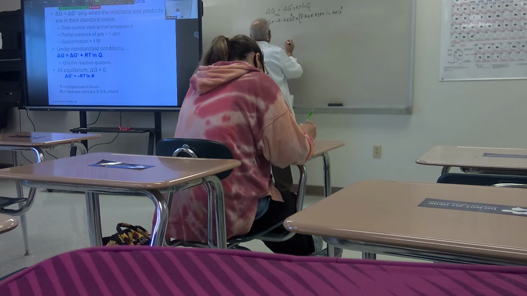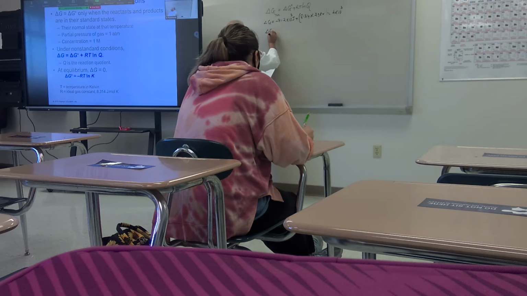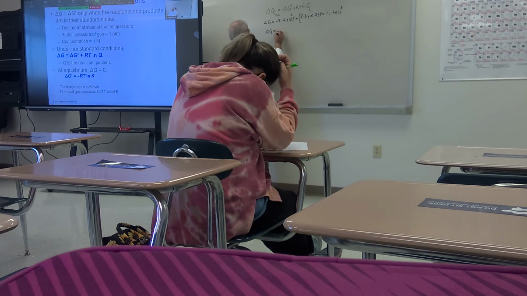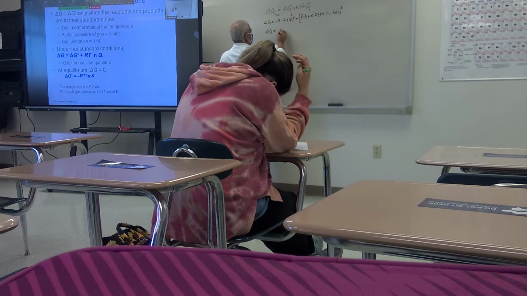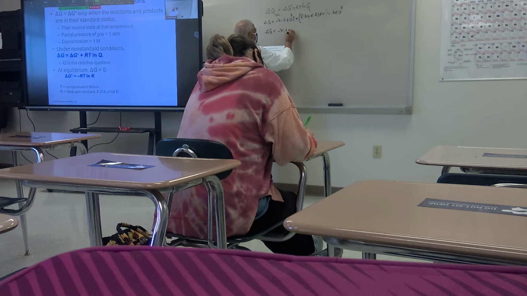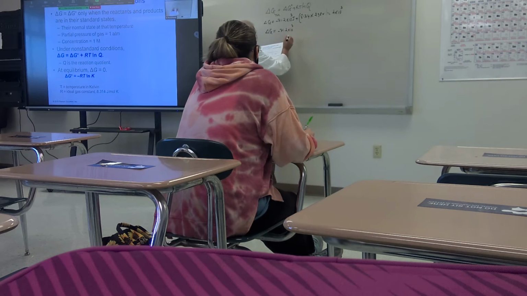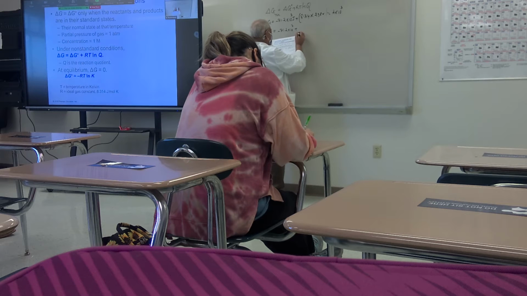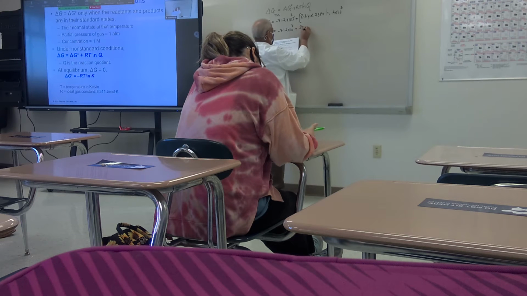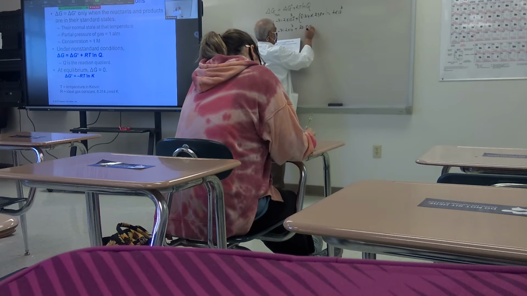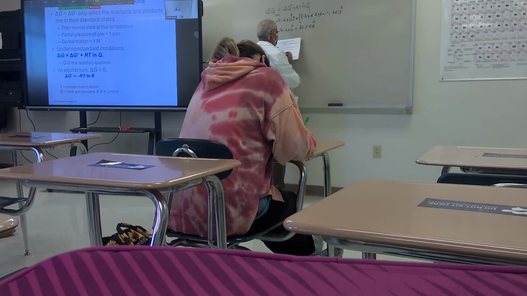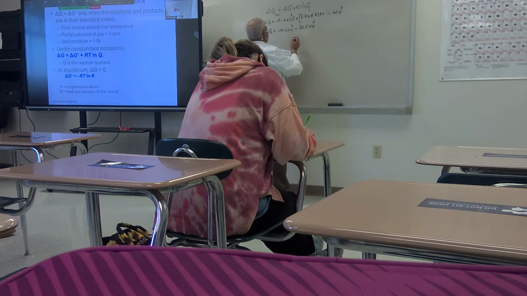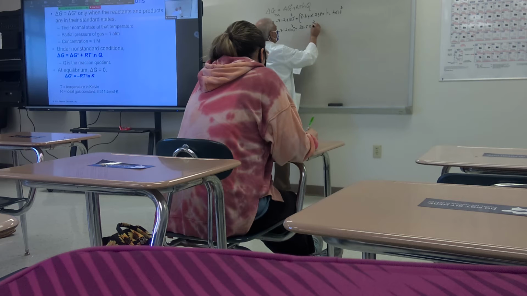Okay? And this is going to be negative 71.2 times 10 to the power of 3 plus, and if you simplify all that, it is going to give you 20.5 times 10 to the power of 3. This is also joules, that is also joules.